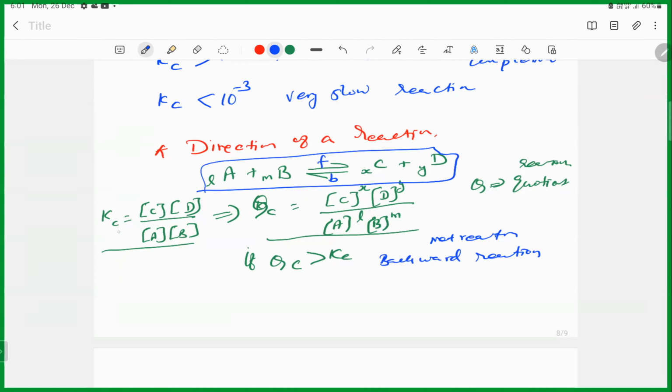So when you are writing the equilibrium constant, concentration of product divided by concentration of reactant, that reaction quotient we are writing like this.